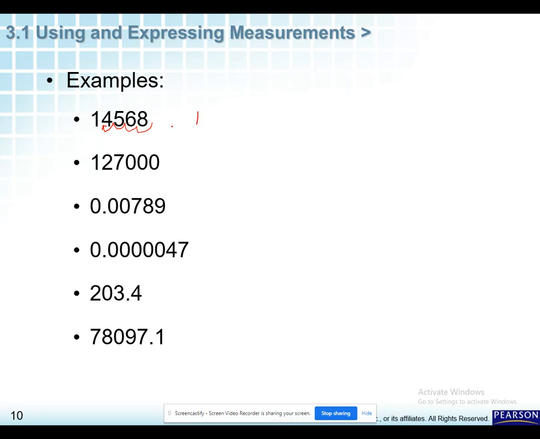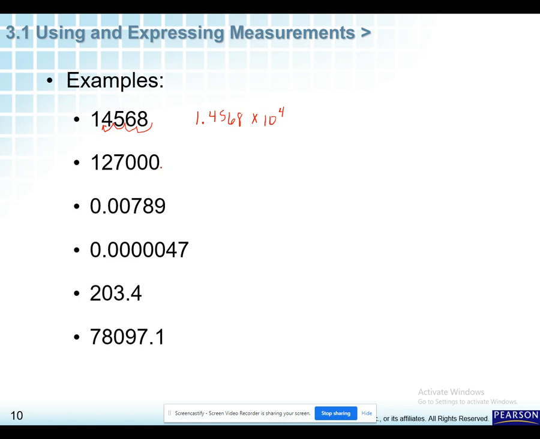So I get 1, and my new decimal is right there. Then I have 4, 5, 6, 8 times 10. And again, my exponent is based on how many times I moved, and I moved 4 times. Now I have to determine if that's going to be positive or negative. Since this number is bigger than 10, this is positive.